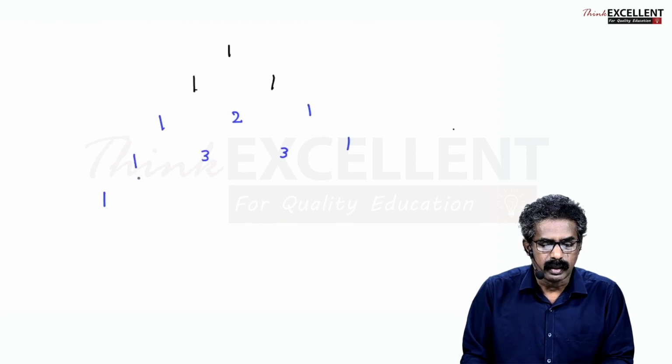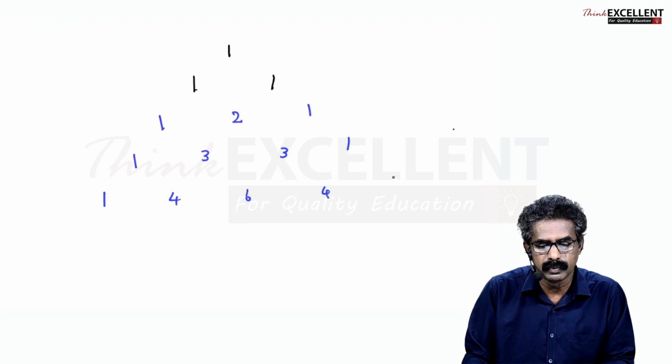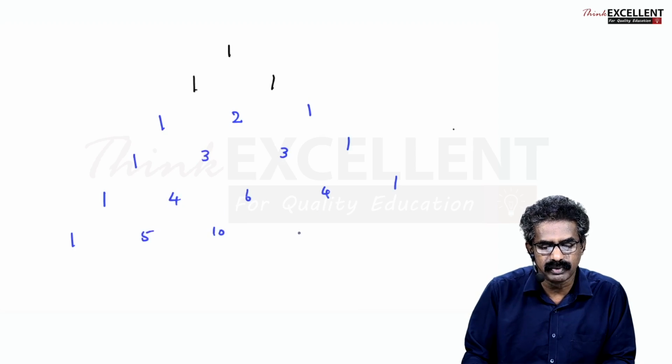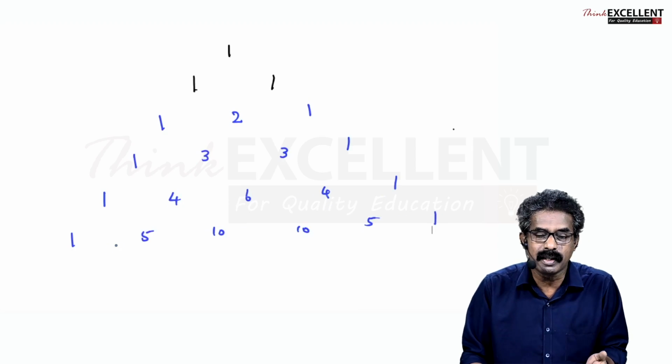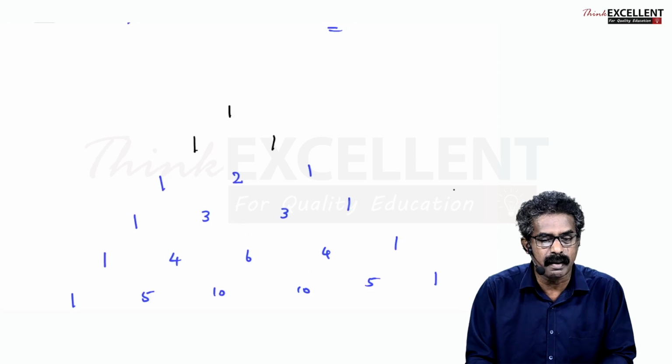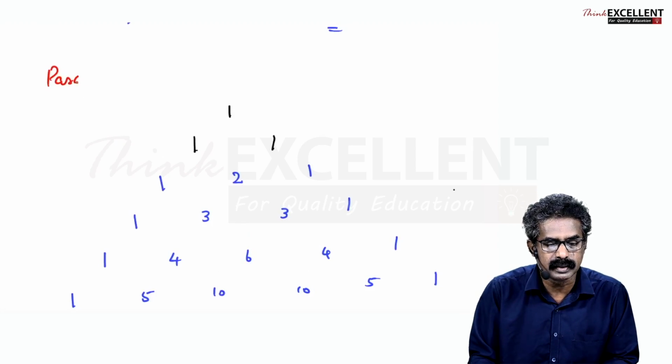Next one: 1, 1 plus 3, 4, 3 plus 3, 6, 3 plus 1, 4, then 1. Can you guess the next one? 1, 1 plus 4, 5, 4 plus 6, 10, 6 plus 4, 10, 4 plus 1, 5, then you write 1. Like that you keep on writing. It looks like a triangle, right?